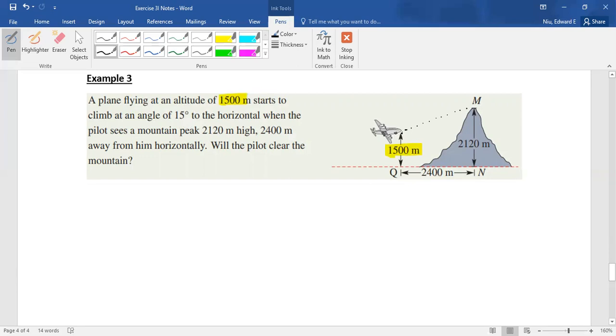The horizontal is obviously parallel to the ground, and hopefully now you can see our right angle triangle developing. 15 degrees, so angle of elevation, 15 degrees. When the pilot sees a mountain peak 2,120 meters high, the plane is 2,400 meters away from the mountain. Are we going to clear it?